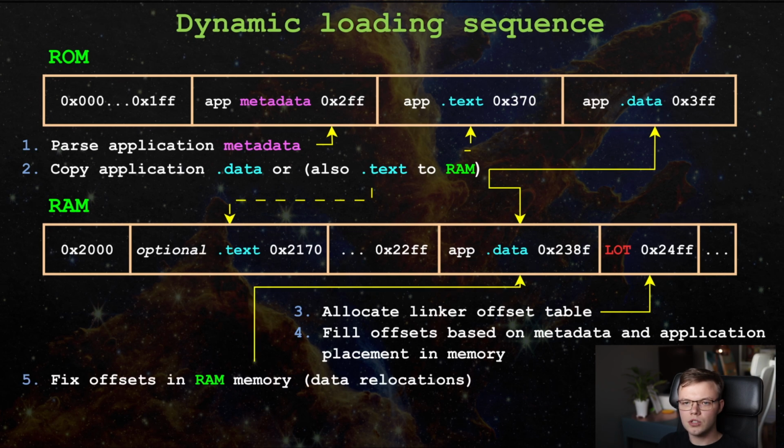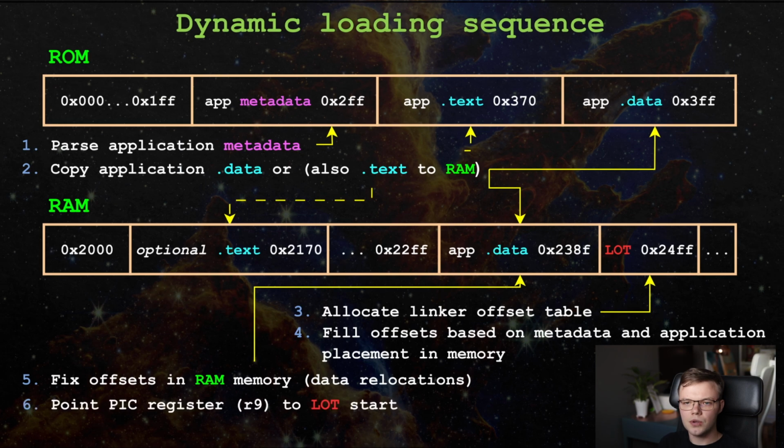The GCC toolchain might generate static relocations for read-write sections, so the dynamic linker must also fix these relocations inside RAM. I'm calling them data relocations. Those relocations are calculated based on data section position and metadata. The offset table must be pointed to by register R9, and code is executed at some entry point. I'm going to use the main function as the entry symbol for executables.